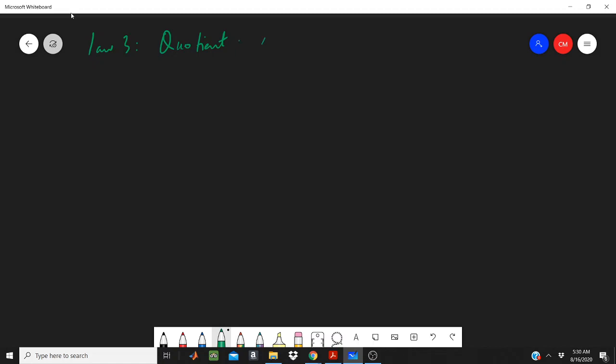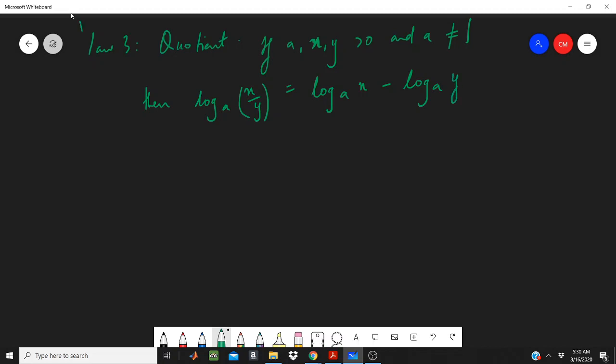So if a, x, y are greater than 0, and of course a cannot be equal to 1, then log a of x by y is the same as log a of x minus log a of y. That's law number 3. You can look at the proof for this law in the next lecture.